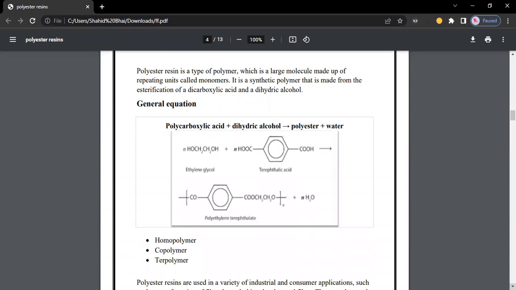We can write the equation: ethylene glycol, when it reacts with terephthalic acid, forms polyethylene terephthalate and eliminates n number of water molecules. Reactions which eliminate a small molecule are called condensation polymerization, and the other one is addition polymerization, in which there is no elimination of small molecules.